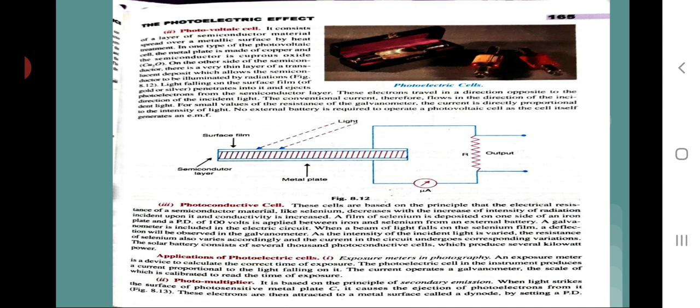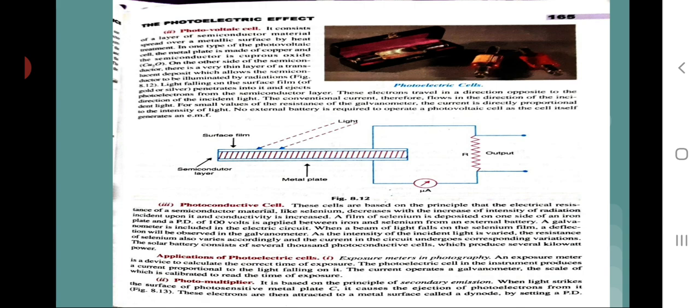Now the second application is the photomultiplier. It is based on the principle of secondary emission. When light strikes the surface of the photosensitive metal plate C, it causes the ejection of photoelectrons from it.